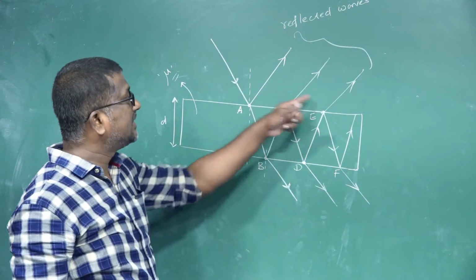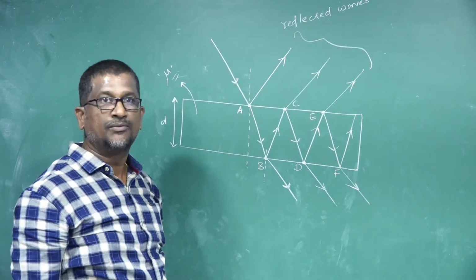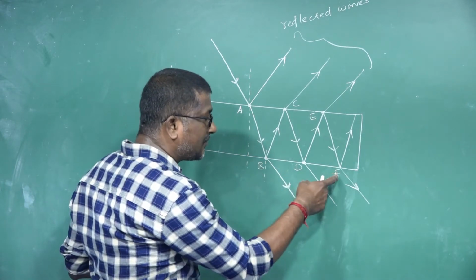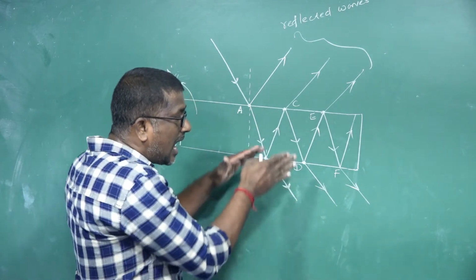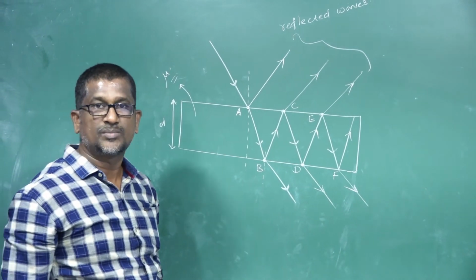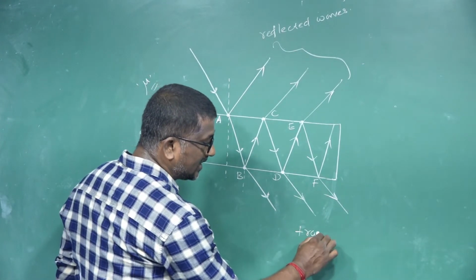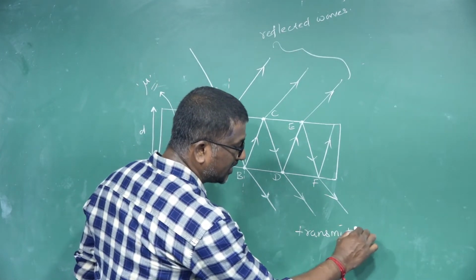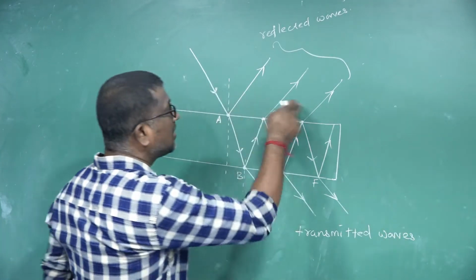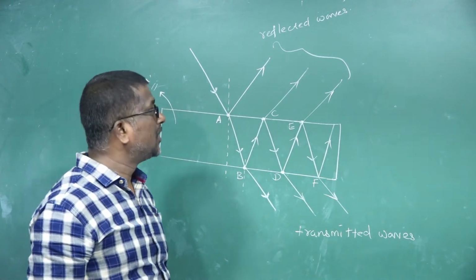And the rays from the points B, D, F appear to be transmitted from the bottom surface of the thin film. That is why they are called transmitted rays or transmitted waves. So these are reflected waves and these are transmitted waves.